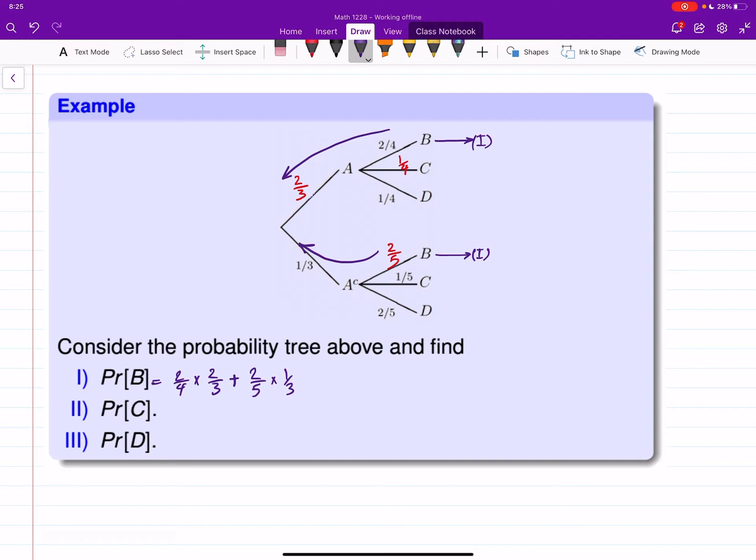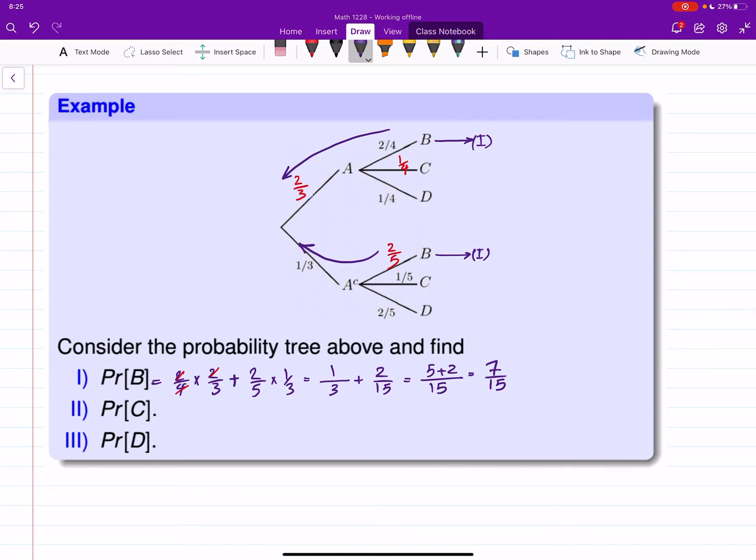I can simplify a little bit. This cancels with that, so the first one is 1 over 3. The second one is 2 over 15. And then 5 plus 2, this is 7 over 15.